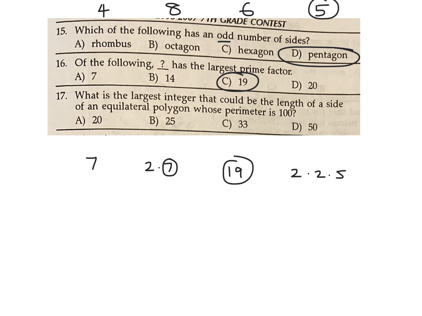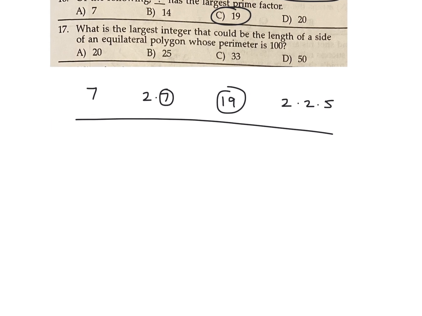What is the largest integer that could be the length of a side of an equilateral polygon whose perimeter is 100? Well, a polygon is, I guess, an n-gon, meaning there's n sides, and they don't tell us how many. And the perimeter, and it's equilateral, so that means all sides are the same.